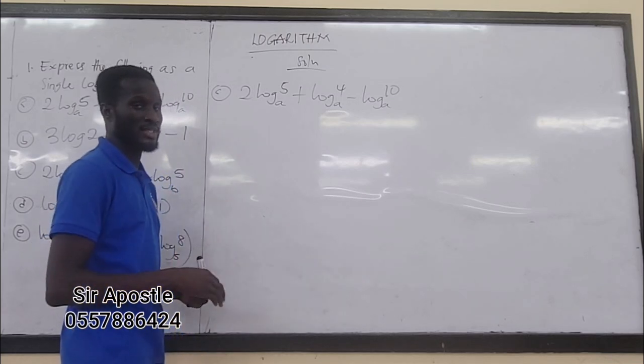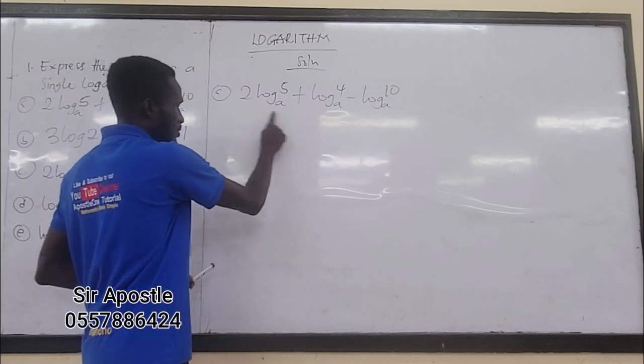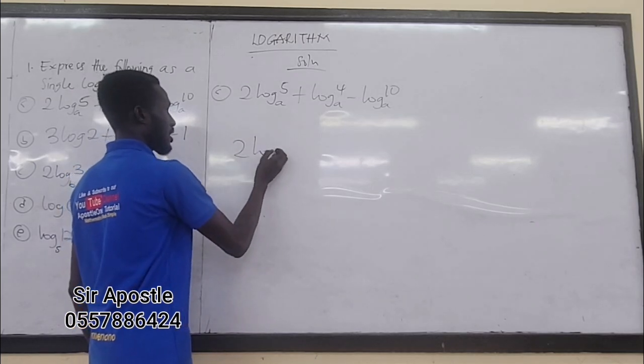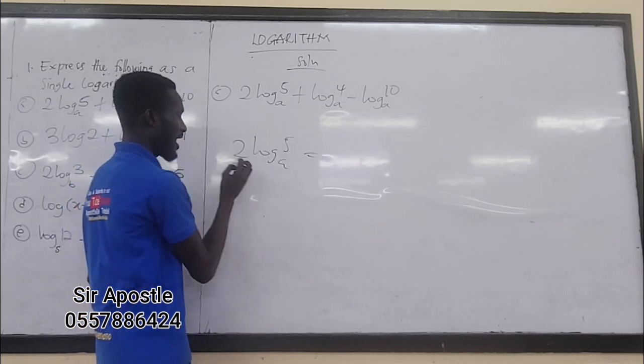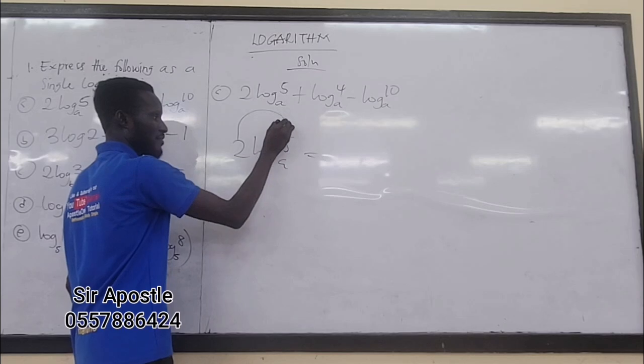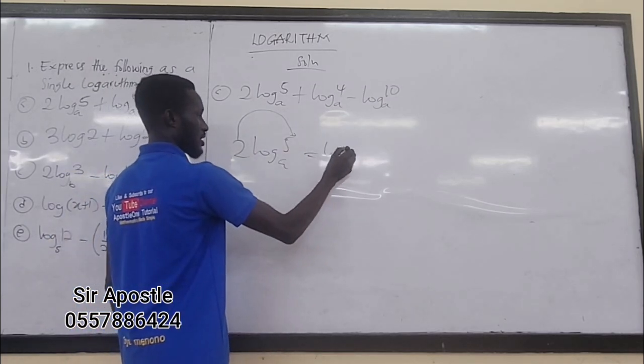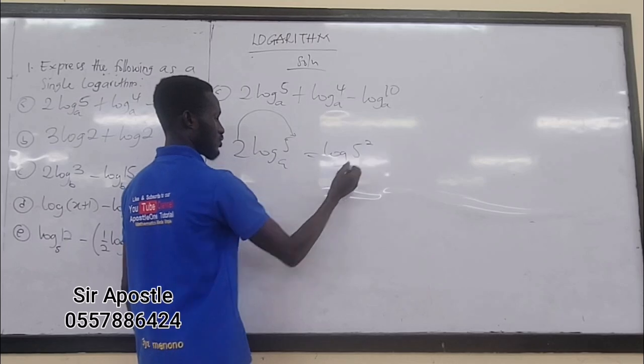You get it? So because of that, for this one I have to apply the logarithm of powers. If I have 2 log 5 base a, then I have to bring the coefficient as the exponent of the logarithm. So we have log 5 exponent 2 base a.